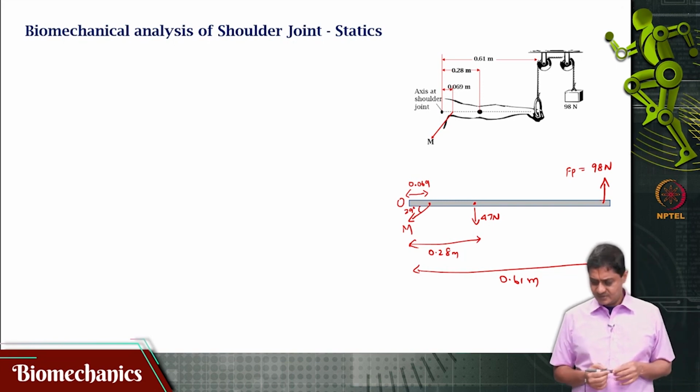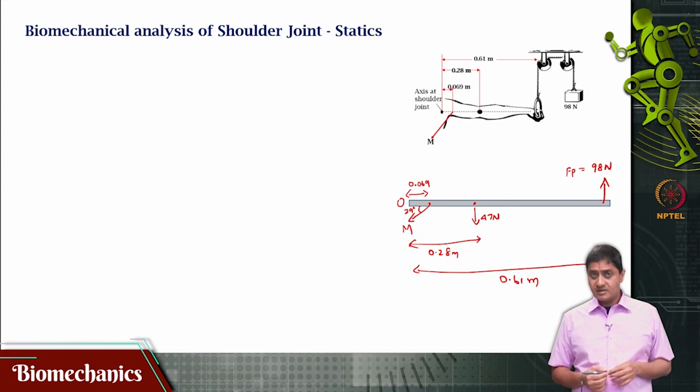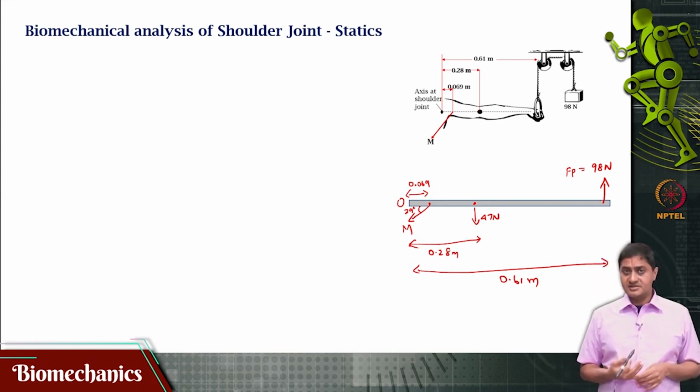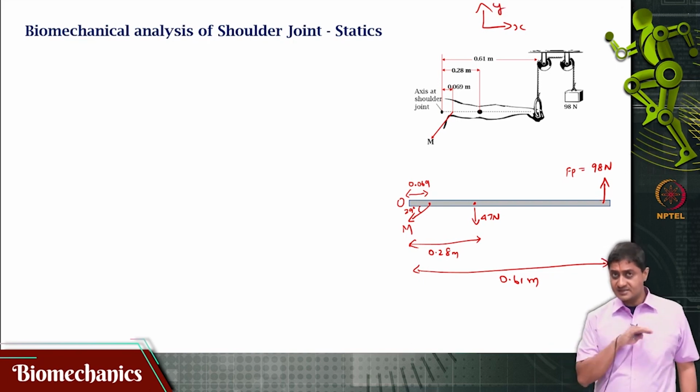Now, because the shoulder can rotate, it will have no moment component in the reactions, and because it cannot accelerate along this xy axis that we will be using, it cannot accelerate horizontally nor can it accelerate vertically.